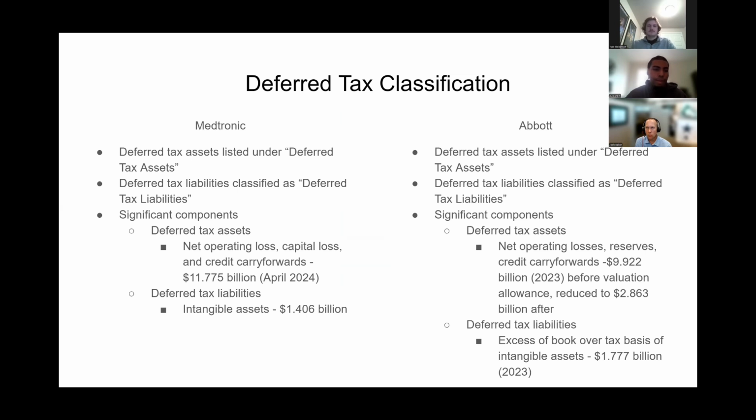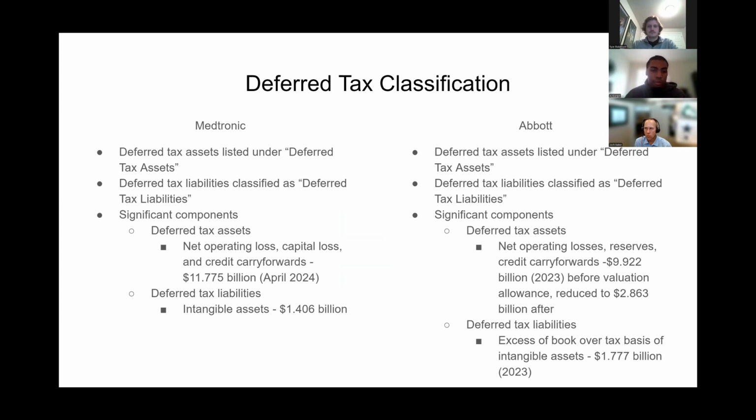Let's see. For both, they were listed under deferred tax assets and deferred tax liabilities, respectively. For Medtronic, they dove into net operating loss, capital loss, and credit carry forwards, totaling almost $12 billion in April of this year.